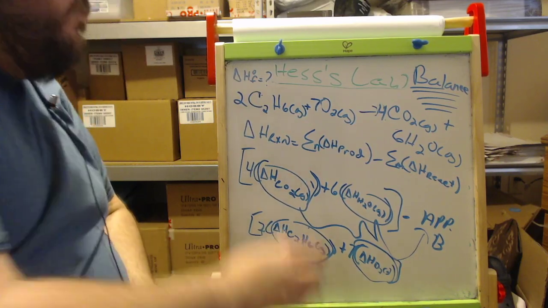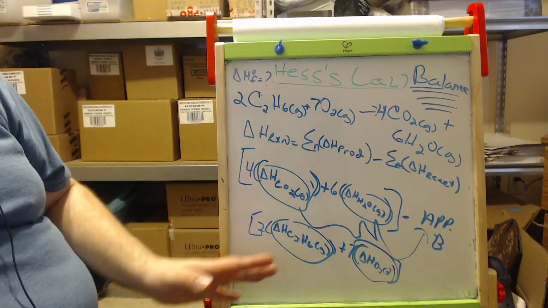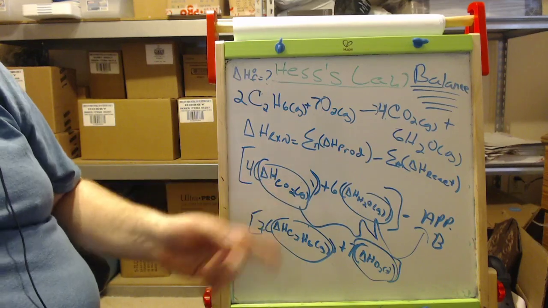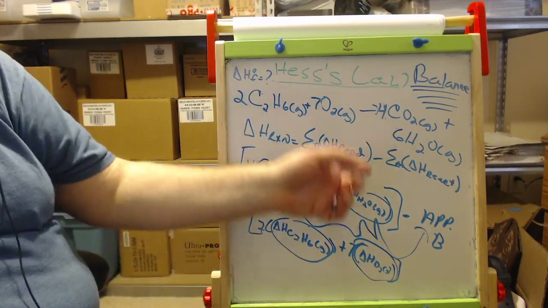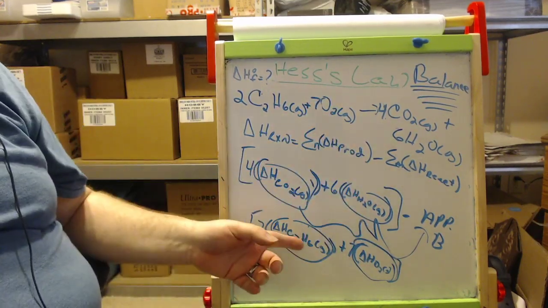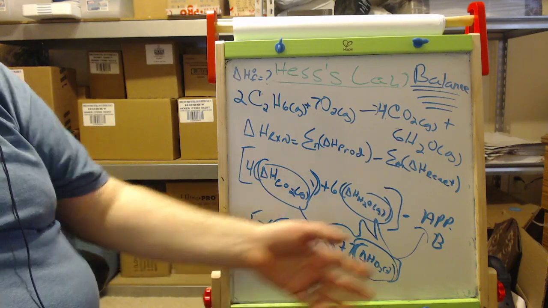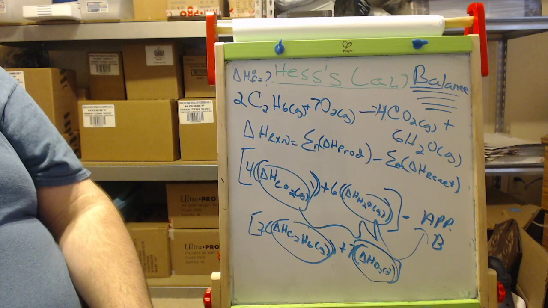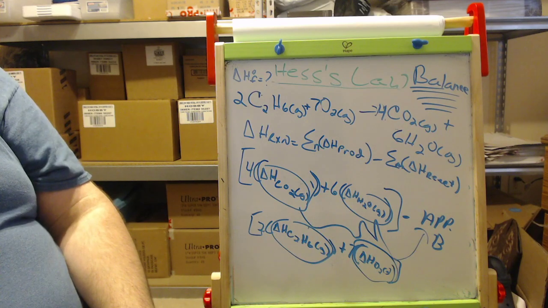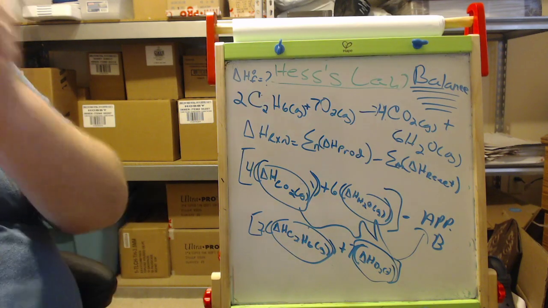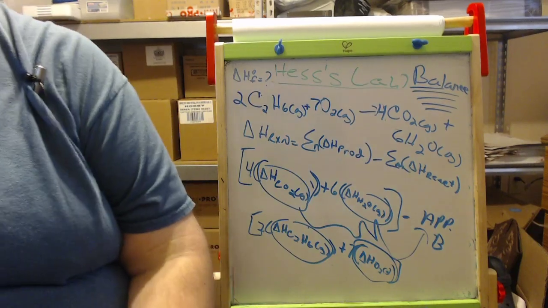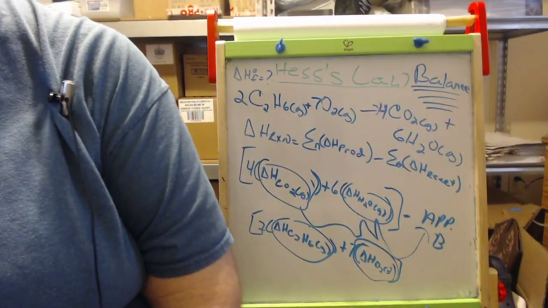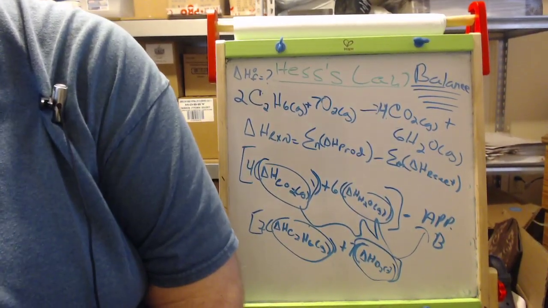So to solve this, I would just look up CO2 gas's delta H, plug it in. H2O gas's delta H, plug it in. C2H6's, plug it in. O2's, plug it in, and then do the math. I will post Hess's Law problems online in addition to what I'm going to assign you now for homework.